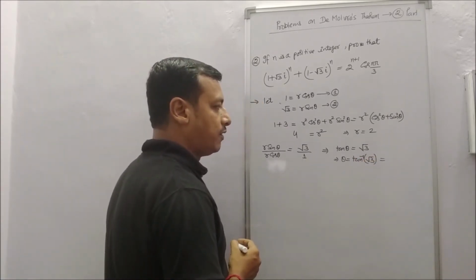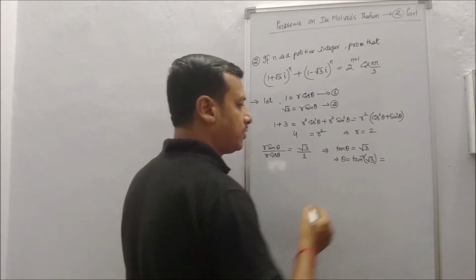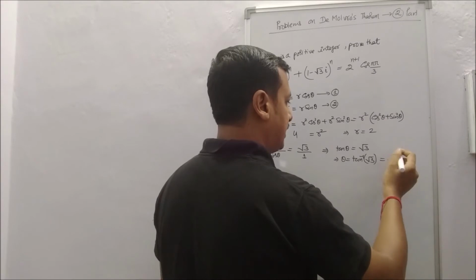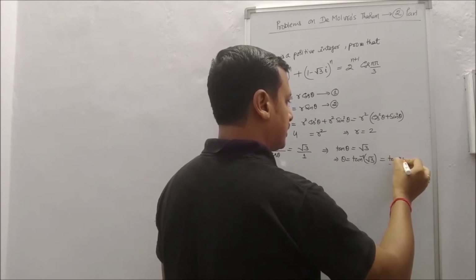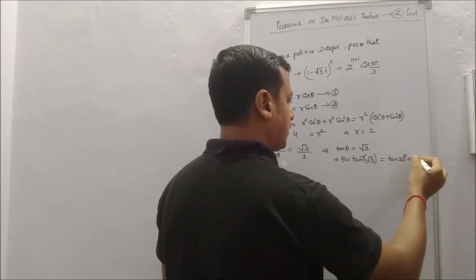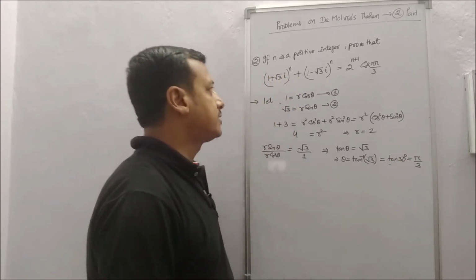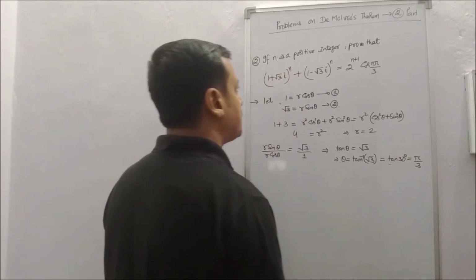To find the value of tan⁻¹(√3), it is π/3, or tan 60 degrees. So θ is equal to π/3. Next, we have to substitute the values.